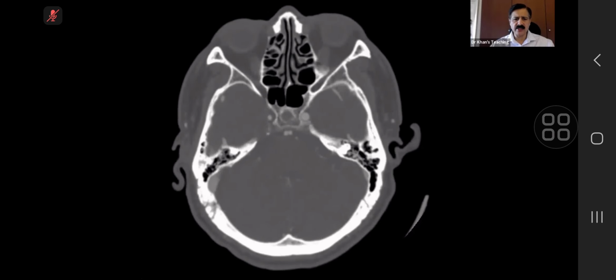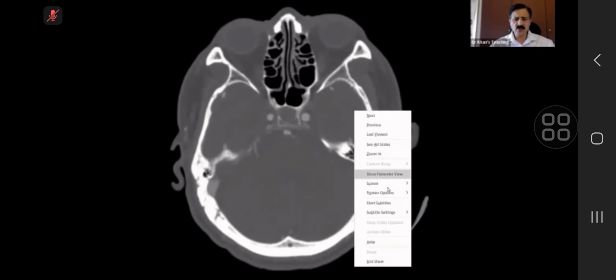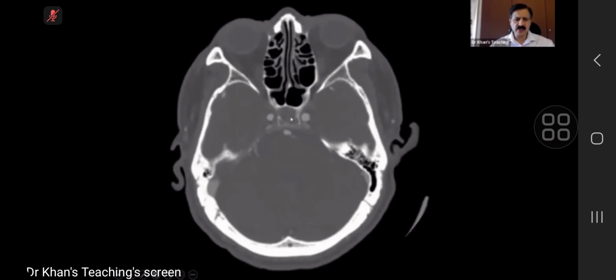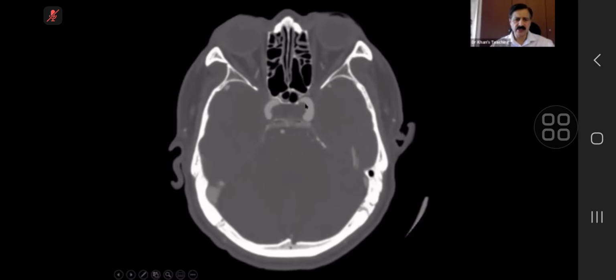But the idea here is to look at the anatomy, and we can see that this is the pituitary gland. So this must be the cavernous sinus, and through the sinus, the cavernous portion of the internal carotid artery projects anteriorly.